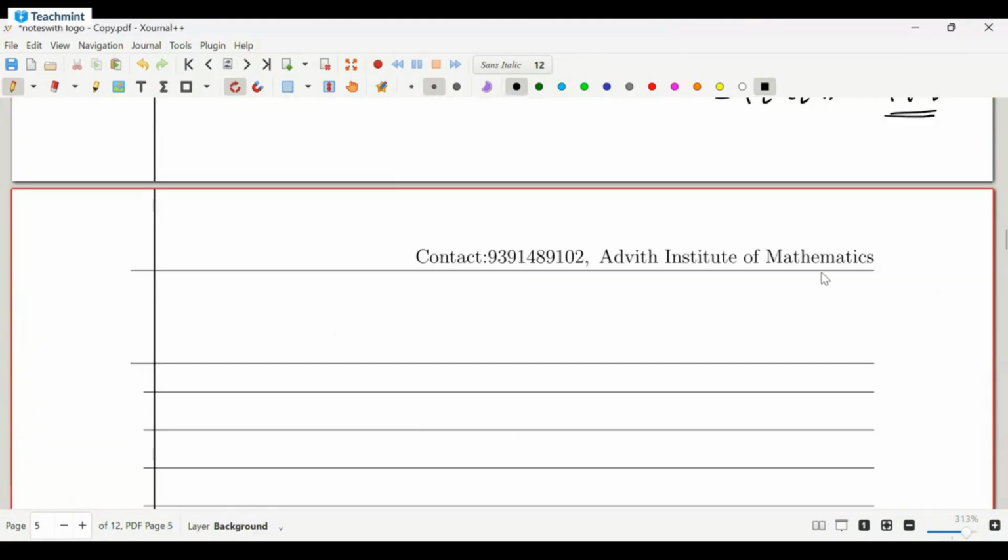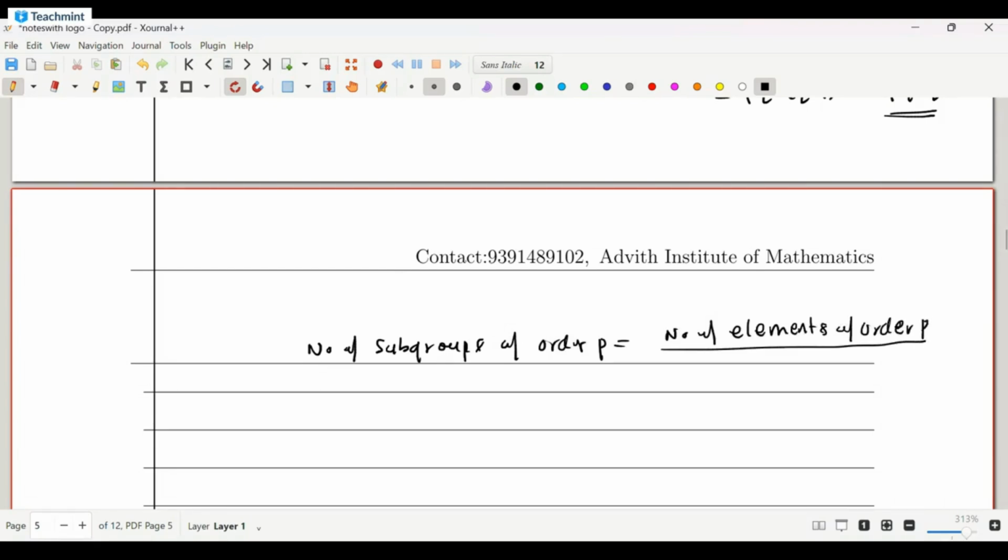So now we need to find the number of cyclic subgroups. So number of subgroups of order P is equal to, formula ప్రకారం, number of elements of order P all divided by phi of P, sir.